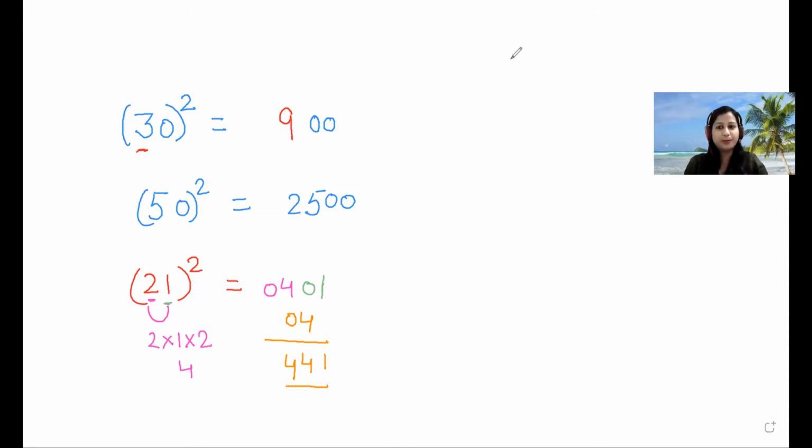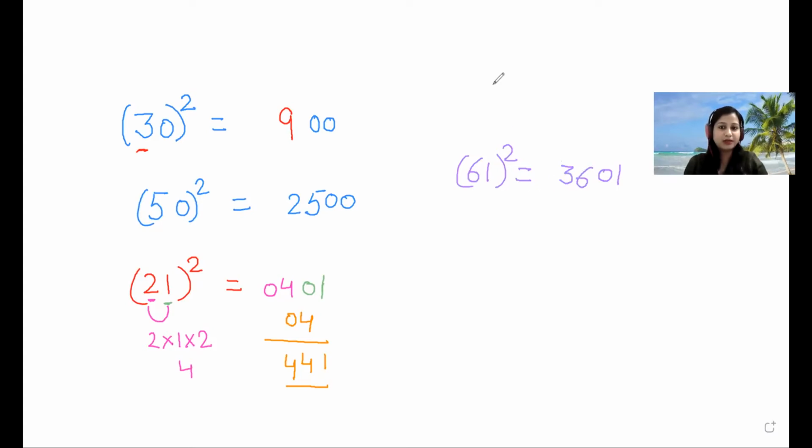Now let's take a bigger number. Let's do the square of 61. Quickly do it in the comment box. Let's see how much time you're taking. All right, let's see. First of all, I'll do the square of the ones digit, that is 1, so 0, 1. Now the square of the tens place, 6 square, that is 36.